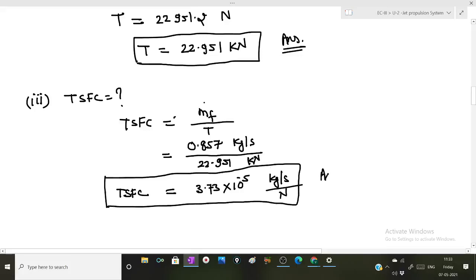This is thrust specific fuel consumption. Like we say, specific fuel consumption, amount of fuel required to produce unit power output is specific fuel consumption. Similarly, amount of fuel required to produce unit thrust is called thrust specific fuel consumption.